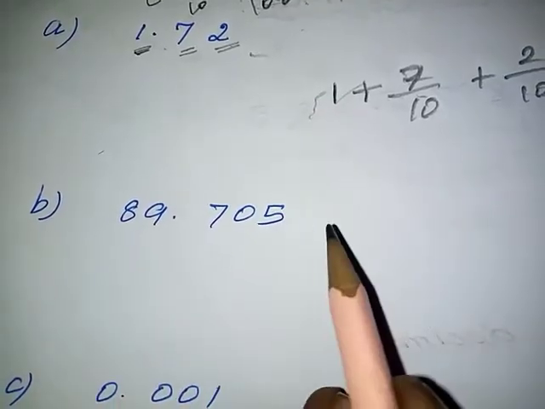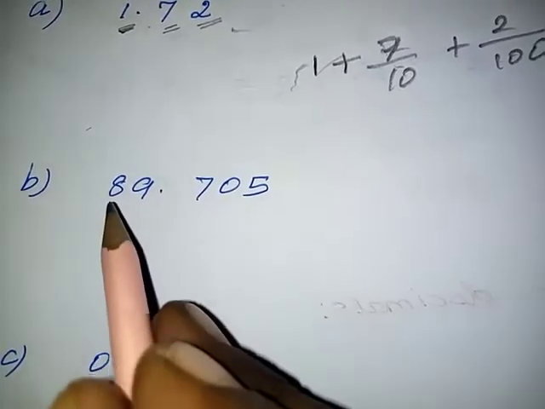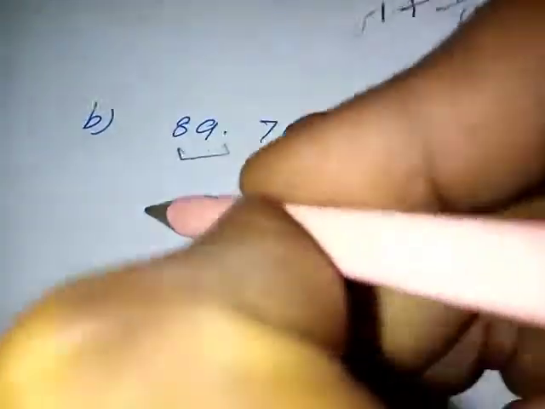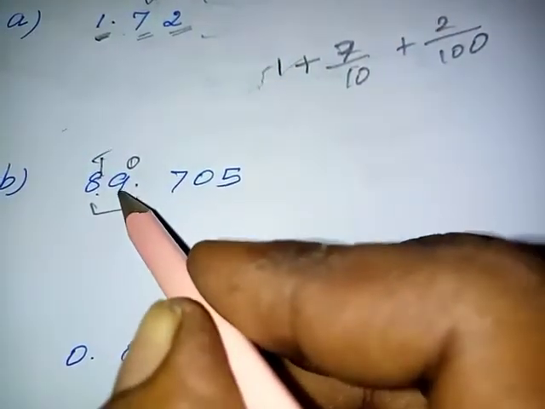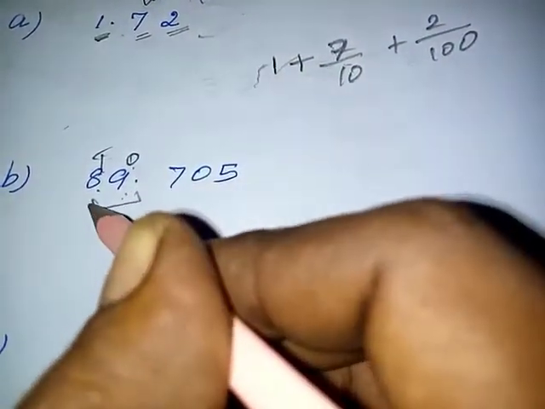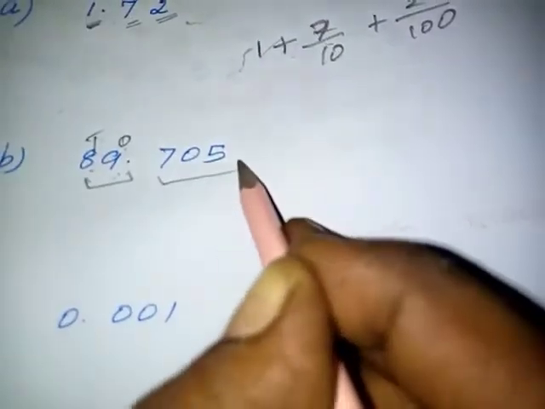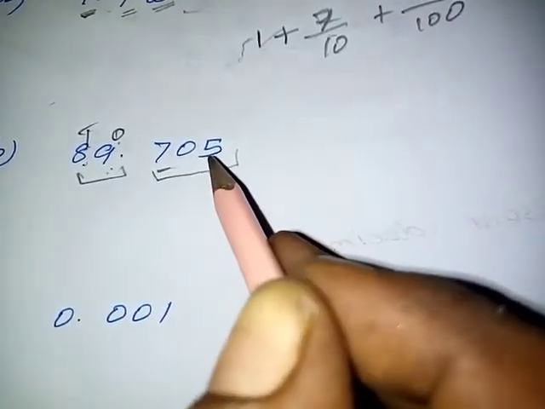Consider the second sum. In the integral part, 9 represents ones and 8 represents tens. That means here 9 ones and 8 tens. In the decimal part, the first one is called the tenths value. So the place value of the tenths digit is 7/10.